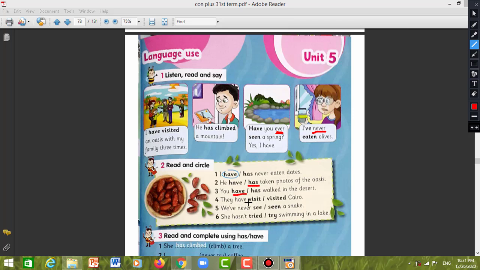They have visited. Yes. We have never seen a snake. We have never seen. She hasn't tried or try swimming in a lake. She hasn't tried. We also choose tried. However, we put not.